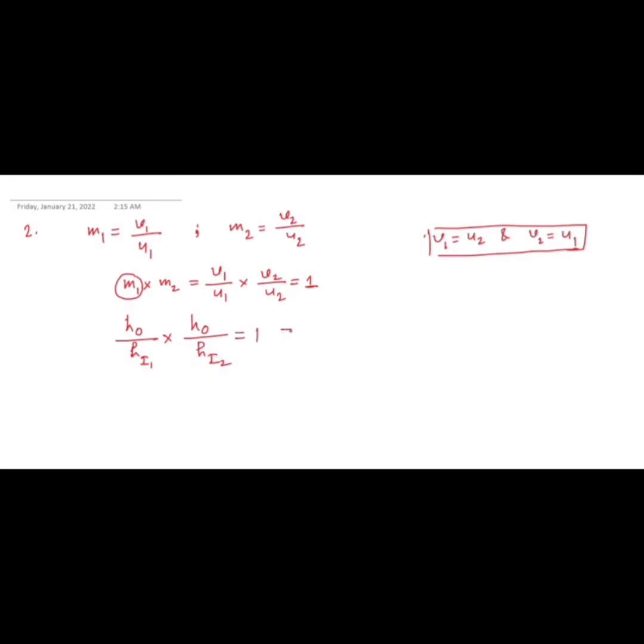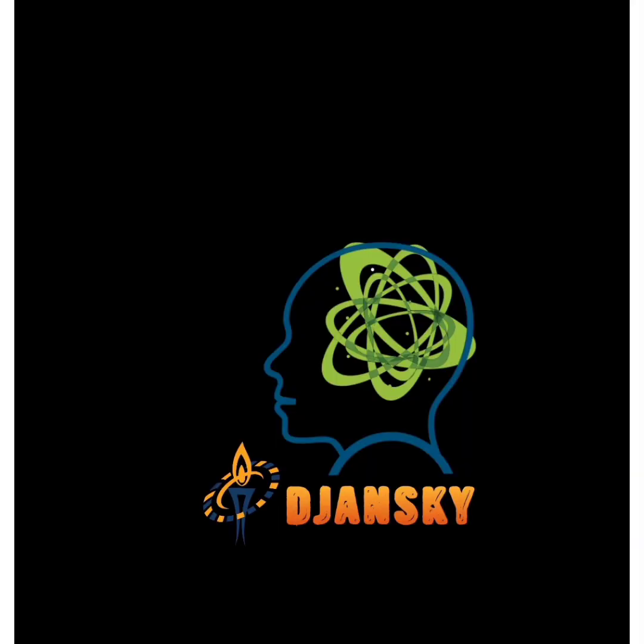So I can conclude from here that h0 square is equal to hi1 multiplied by hi2. So h object is equal to root over hi1 multiplied by hi2. That is the thing that we can conclude from here. Okay, so that is all about the displacement method. Using this method in the laboratory, we can easily find out the focal length of a converging lens. Thank you everyone for watching. Let's meet in the next video.